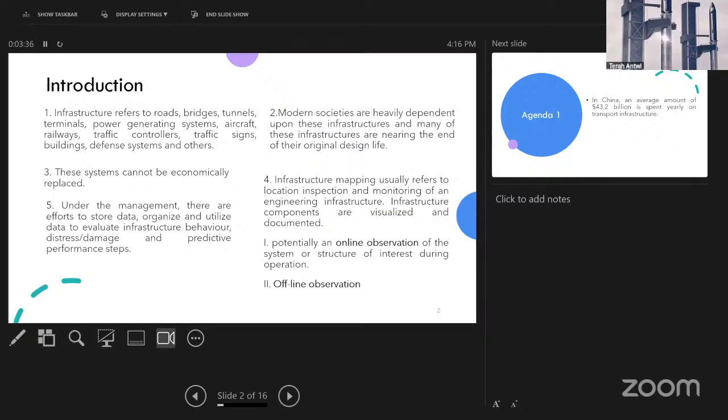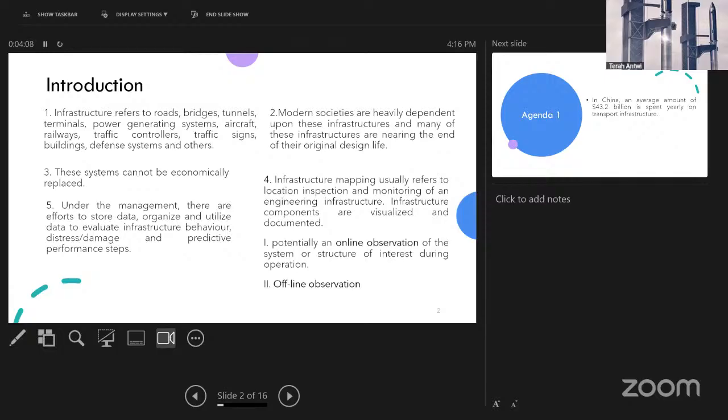Generally speaking, infrastructure mapping refers to location, inspection and monitoring of any engineering infrastructure. The key word here is location, because clearly other inspections and monitoring have always been carried out, but this session is just focused on the location part.